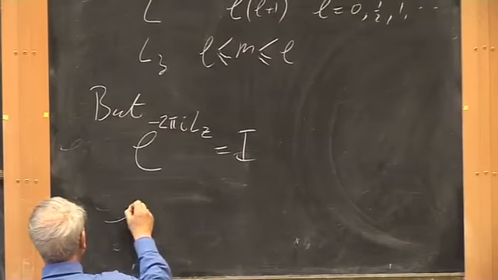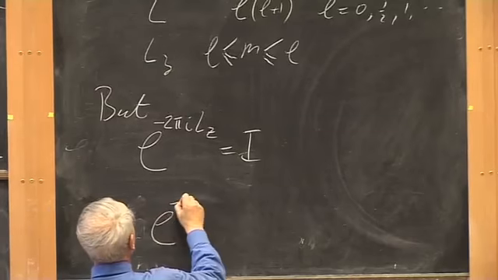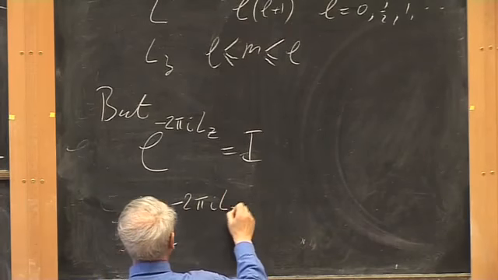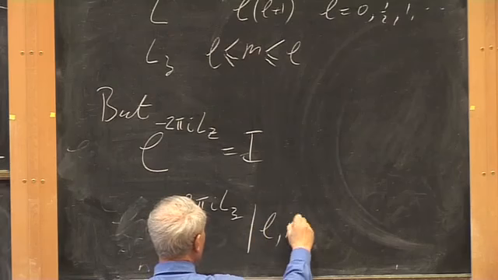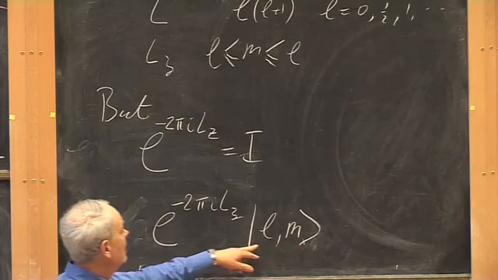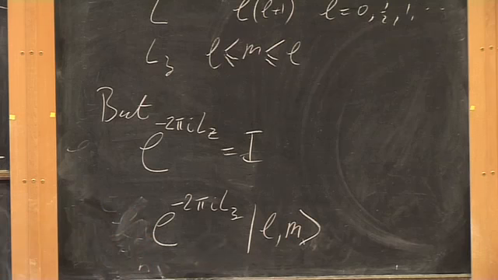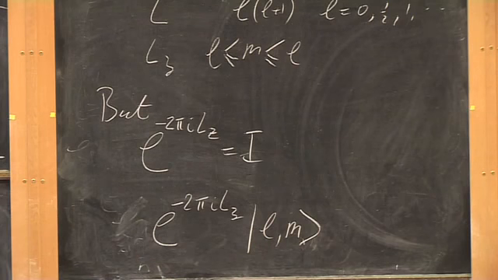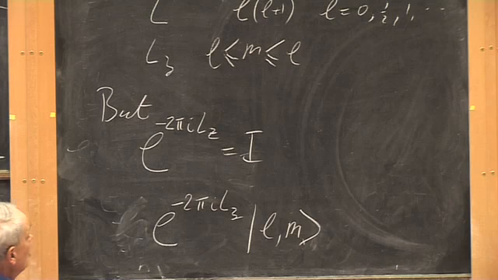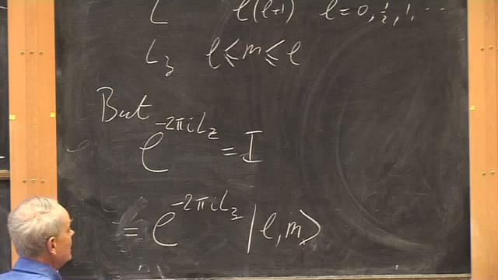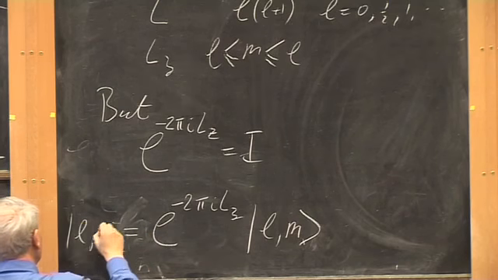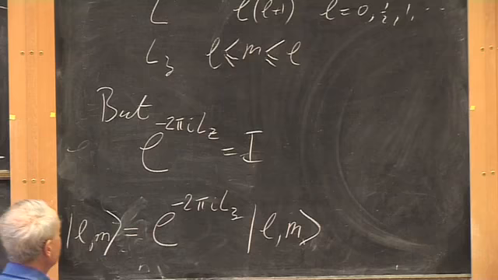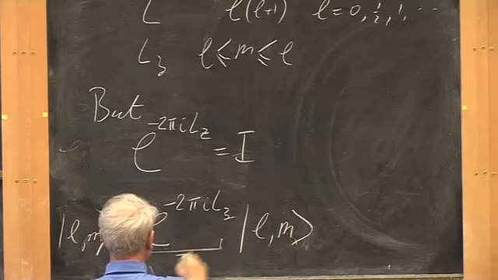Consequently, if we use this operator on one of our states, which we call |l,m>, the mutual eigenstate of L squared and Lz with eigenvalue l(l+1) for L squared and m for Lz, precisely by analogy with what we did with J, then this has to be simply |l,m>, because this is the identity operator.